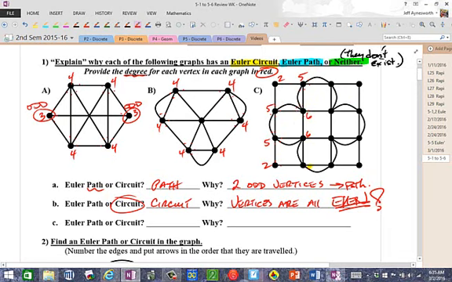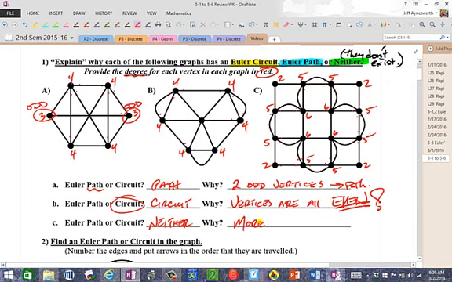Another 6 here. 5 here. 5. Got 6, 6. 5 here. 2 here. 5, and 2. So we have too many odd vertices. We have more than two odd vertices, so neither here. Neither. Why? More than two odd vertices.